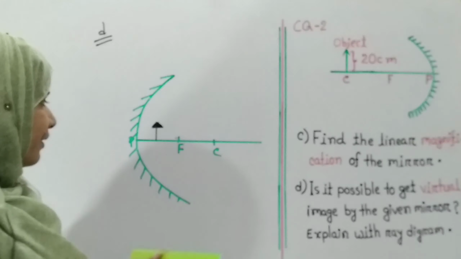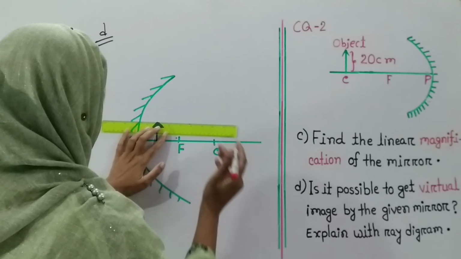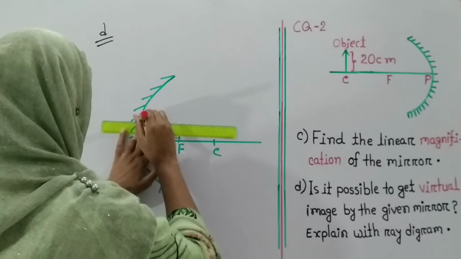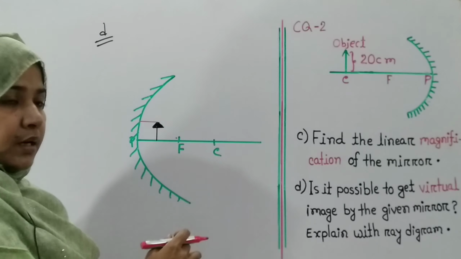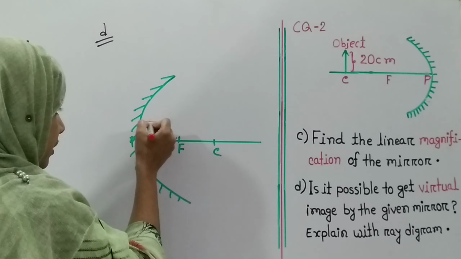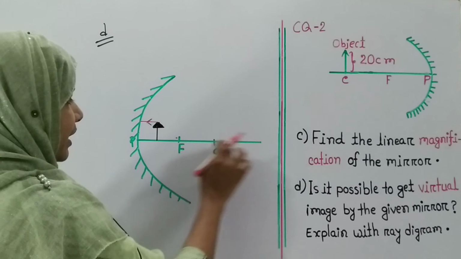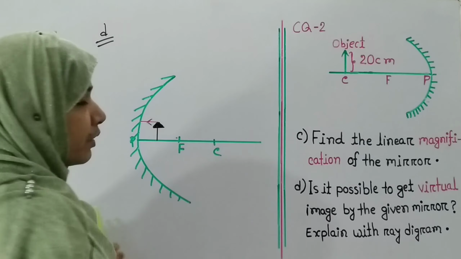Now firstly a ray will come parallel to the principal axis. That means this ray will go through the focus.